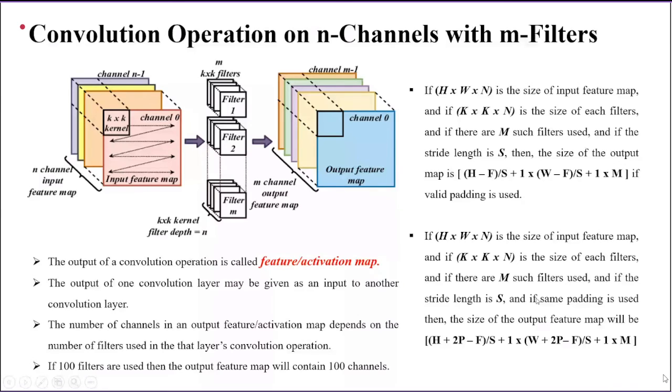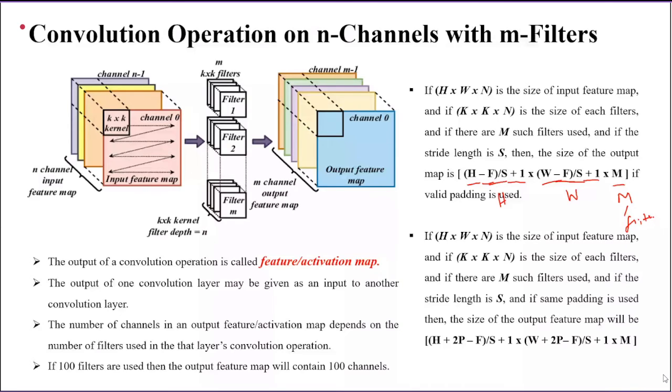H minus F divided by S plus 1 is the height, W minus F divided by S plus 1 is the width, and M is the number of filters you are using. In this diagram, it is clear that you are using M filters. So this will be the output.